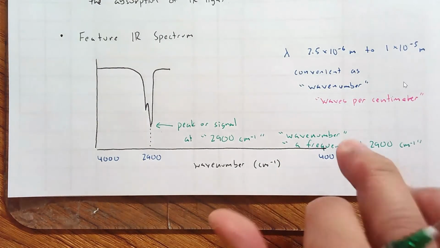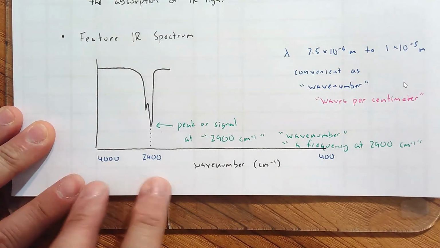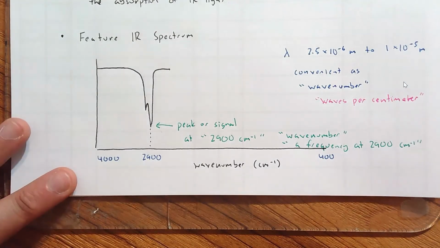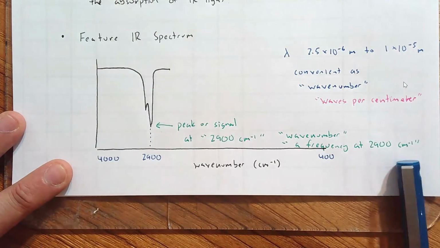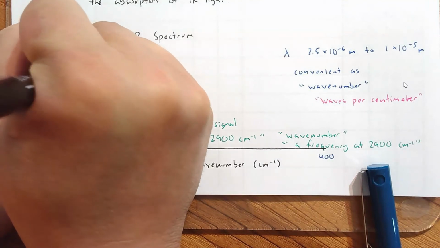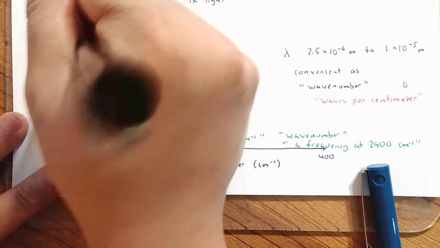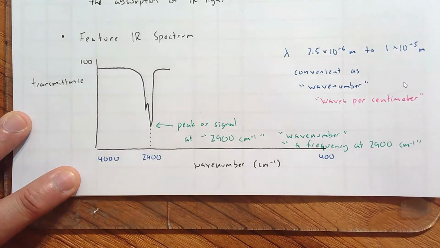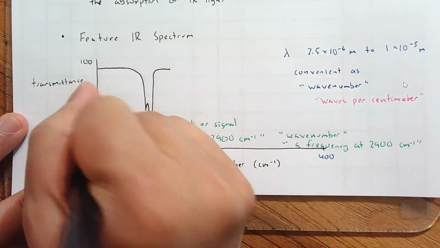I just want to make sure I'm not forgetting anything. Okay, that is the x-axis. The y-axis is transmittance. The range goes from, sometimes they call the top 100, sometimes they call it 1, and the bottom is 0.